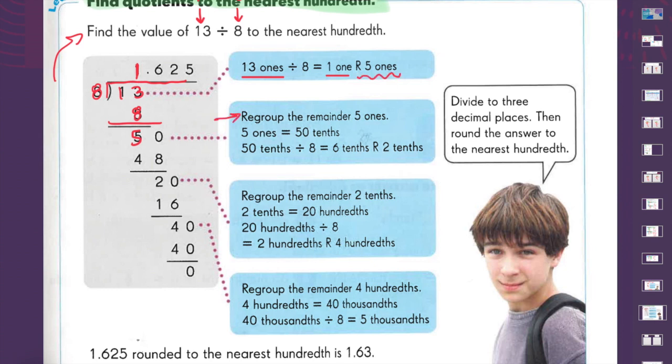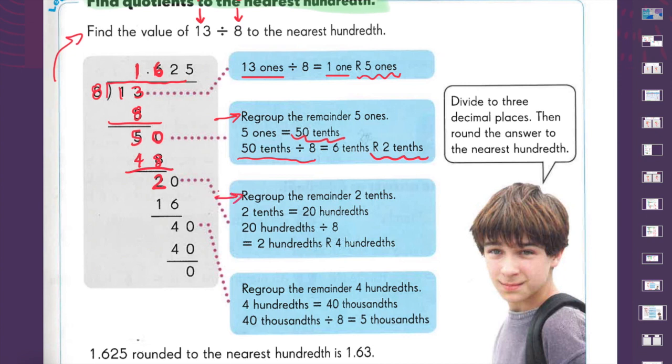So we need to regroup the remaining 5 ones into tenths, and 5 ones gives us 50 tenths. And so now we can divide. 50 tenths divided into 8 equal groups gives us 6 in each group, and 6 times 8 is 48, so we get 2 tenths left over.